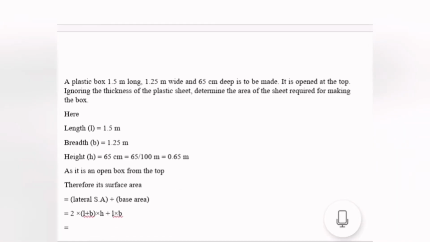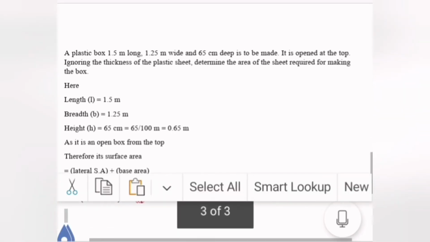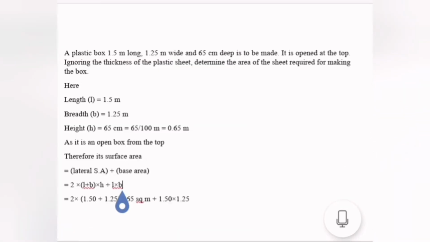So 2 into (L is equal to 1.50 plus breadth is equal to 1.25) into height is equal to 0.65. So this is in square meter, plus length is equal to 1.50 into 1.25, this is equal to square meter.